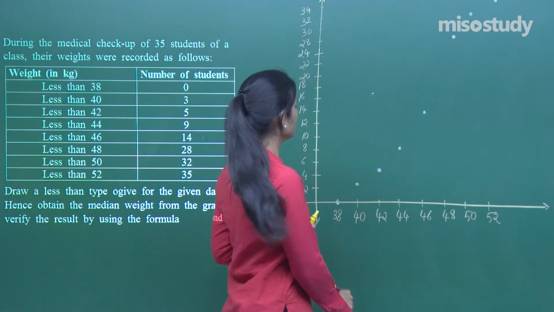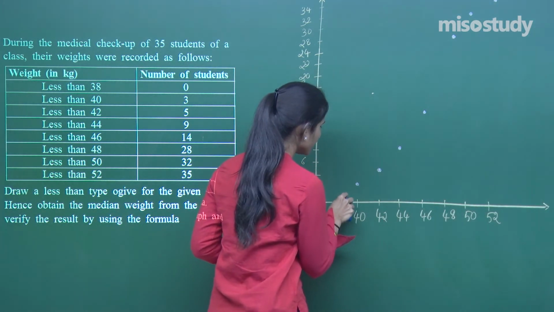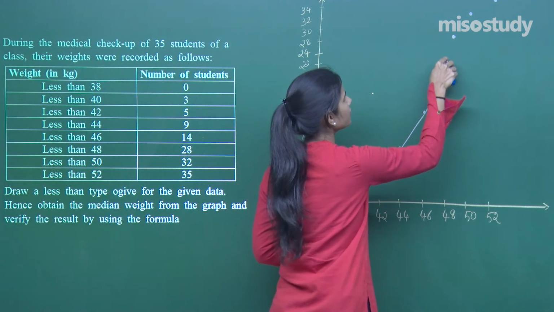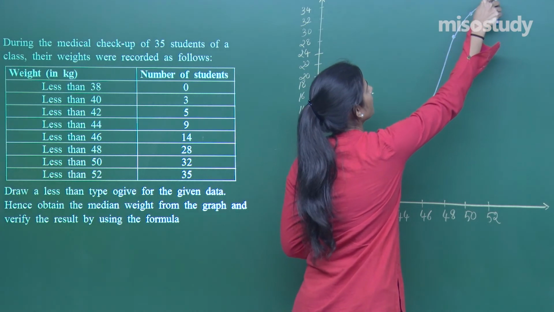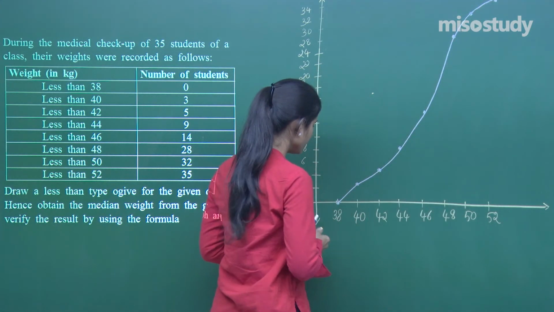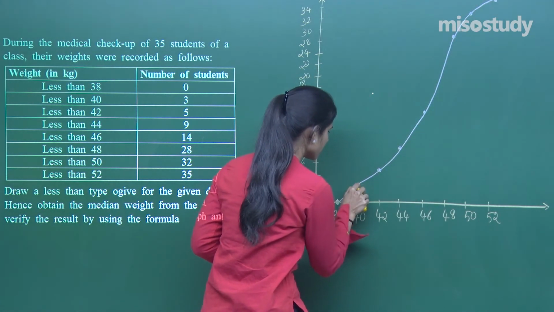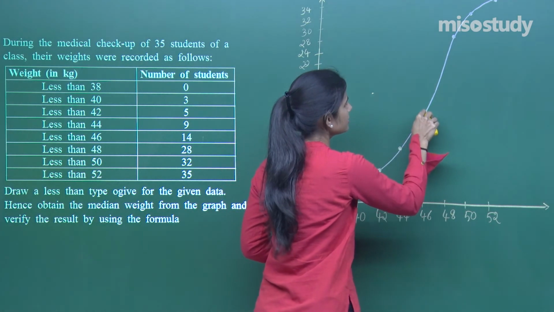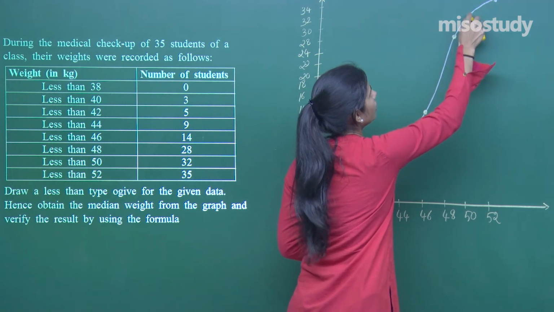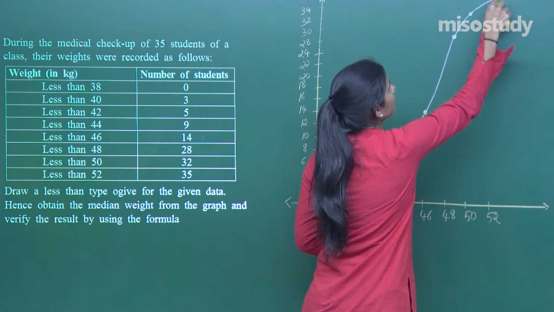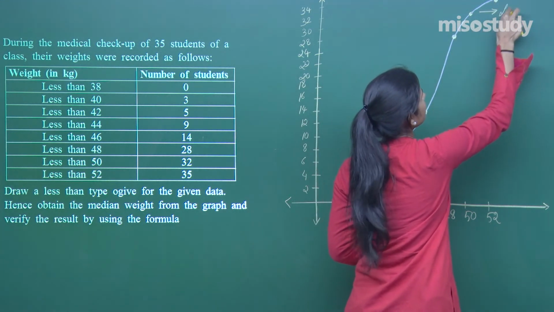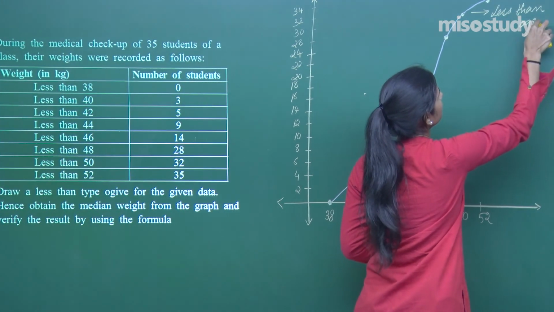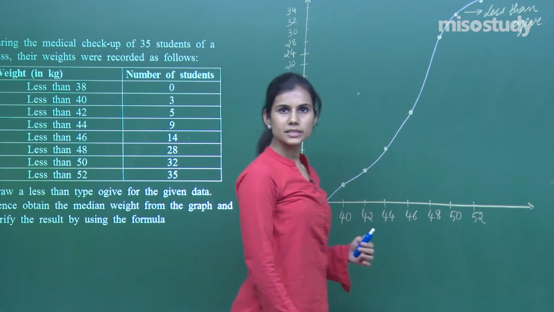Is it clear? Just join them with a freehand smooth curve, because you want to draw an ogive. These are your points. Is it clear? This is your less than ogive.